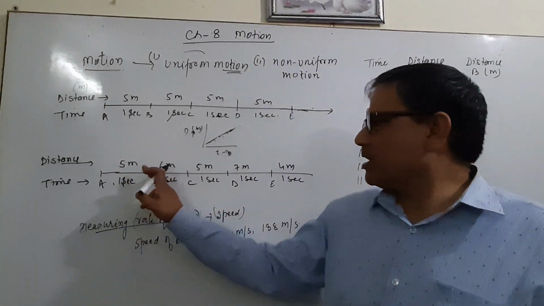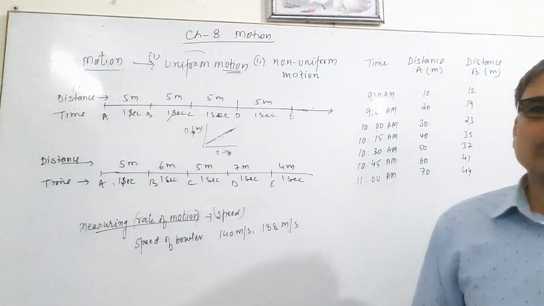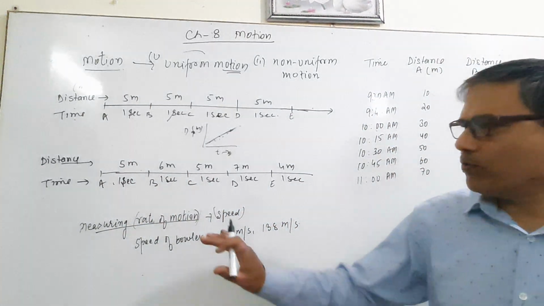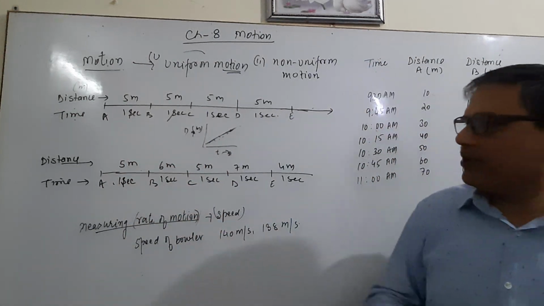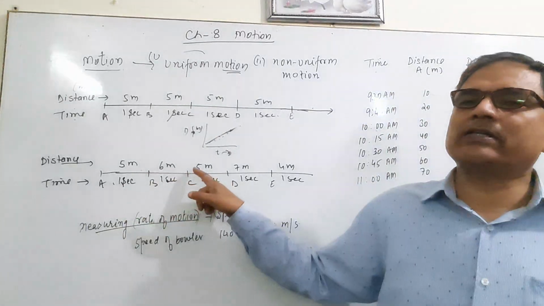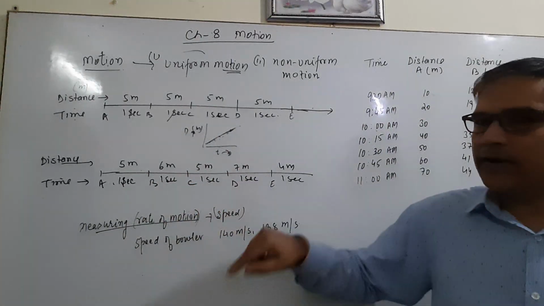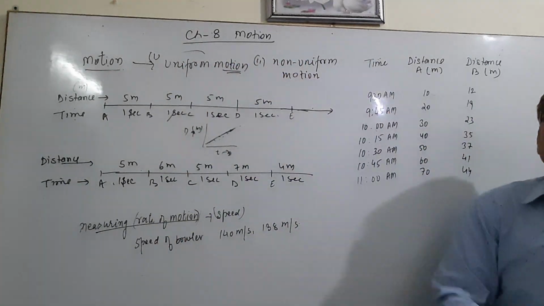It means the distances are different and the time is the same. This type of motion is known as non-uniform motion.